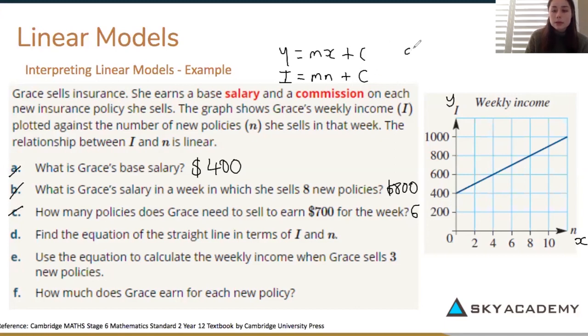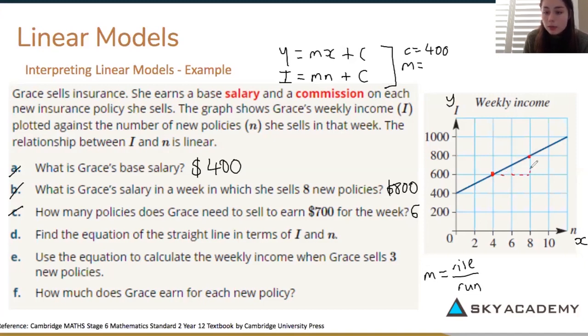And now we just have to find the M. We know our M to be rise over run. So we're going to do that now. I'm going to do it in red. So I'm going to pick 600 as my first point and my second point to be 800. And so this is my run, and here will be my rise.